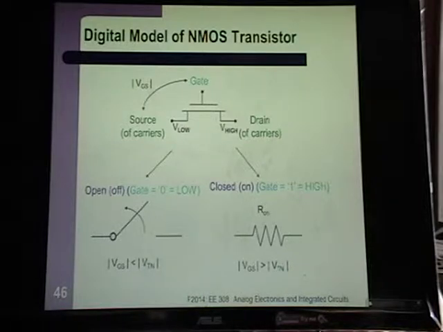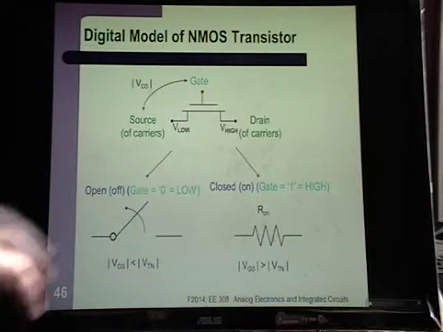Which is different than what you do in the small signal realm, where you say, okay, if I change the voltage a little bit, how much does the current change? So again, in the digital realm, you just take the voltage across the transistor, the current through it, and you say, hey, I have a resistor. This is behaving like a real resistor of this. And small signal, it's change in voltage over change in current.